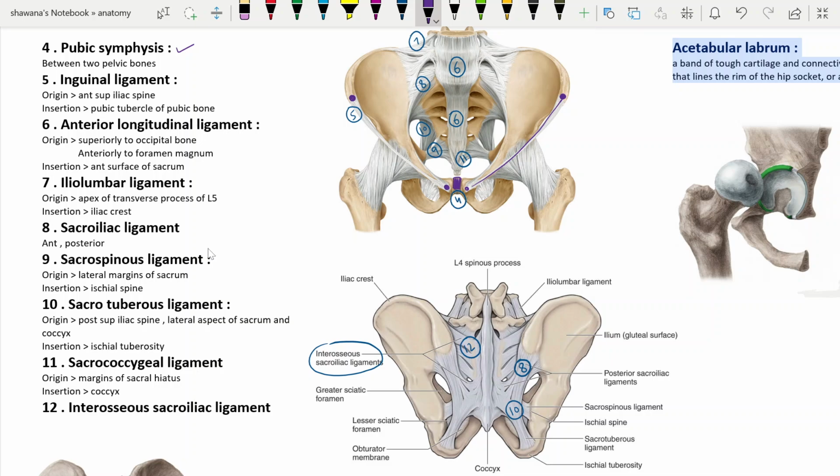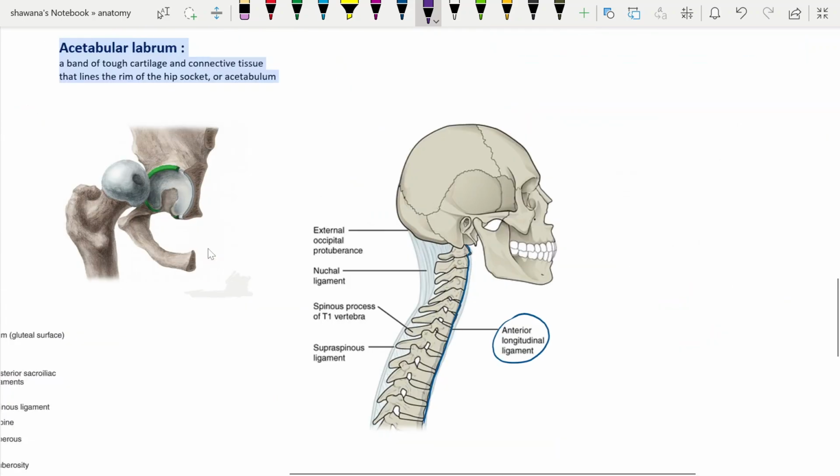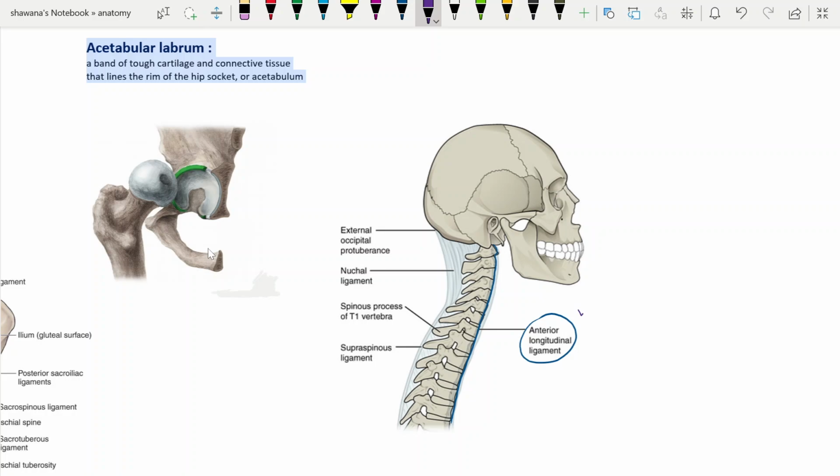The sixth one is the anterior longitudinal ligament. This ligament is not solely for the pelvis region, but it originates from the occipital bone. So here, this is the anterior longitudinal ligament. It is anterior to the foramen magnum. For example, here is the foramen magnum. So it is anterior to the foramen magnum, in the occipital region.